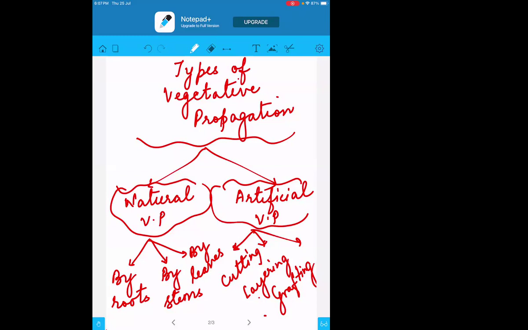Ma'am, what is the third type? Grafting. Ma'am, in natural vegetative propagation, the third type is by leaves.